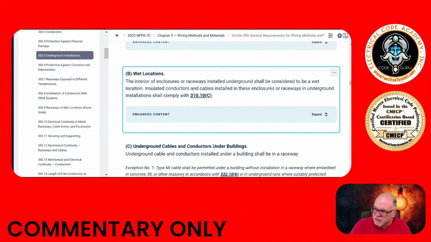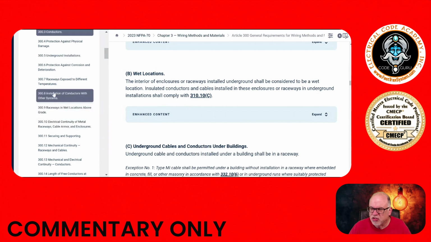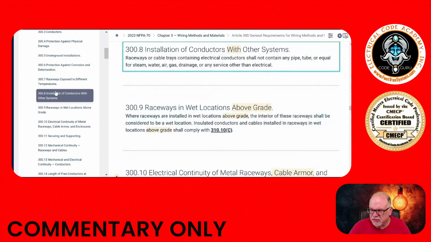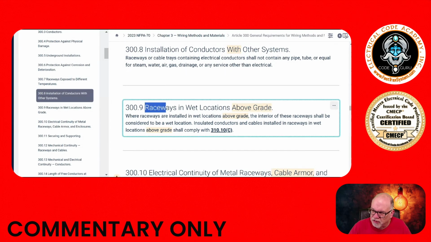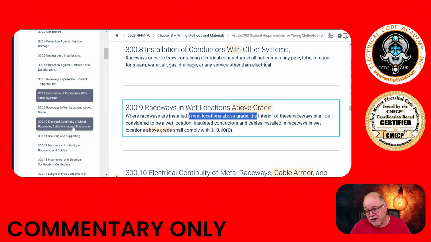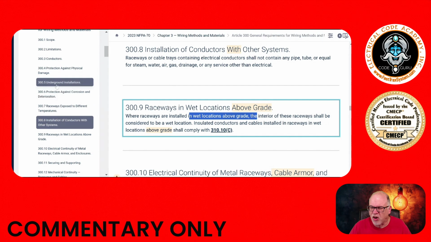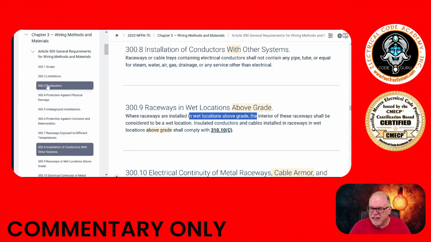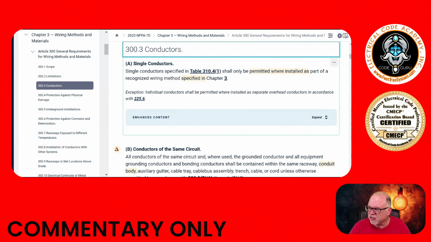So we also know that THHN, THWN-2 has to be installed in raceways. Now look at here. Raceways in wet locations, even above grade, is considered a wet location. THHN, as you already saw, is not rated for a wet location. Let's look back at the conductors.